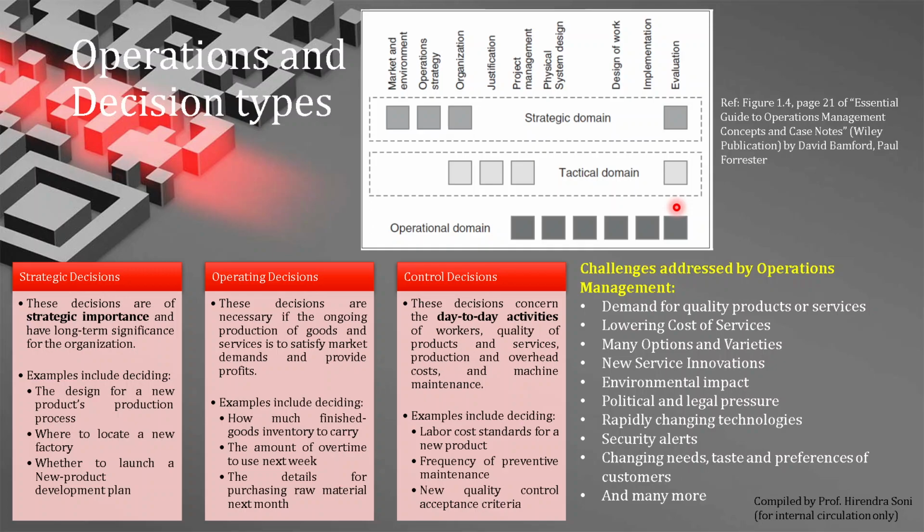Operating is the middle management, and control is at the supervisory level, which is related to day-to-day activities. For example, deciding labor cost standards for a new product, frequency of preventive maintenance, or new quality control acceptance criteria, these are day-to-day activities which are basically related to control.